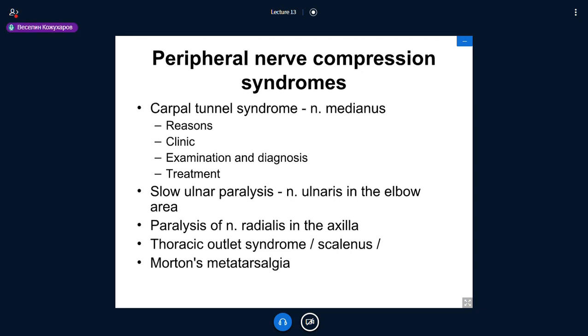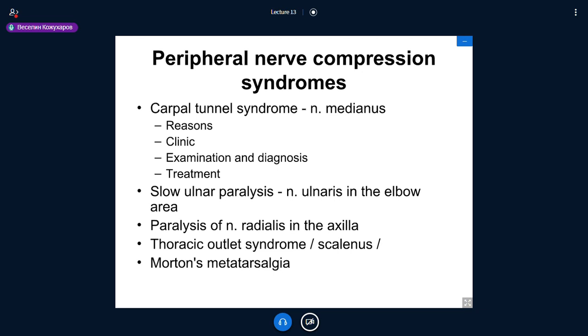This is the place of the natural course of the plexus brachialis. There are several symptoms which can be provoked with abduction and external rotation of the affected hand.